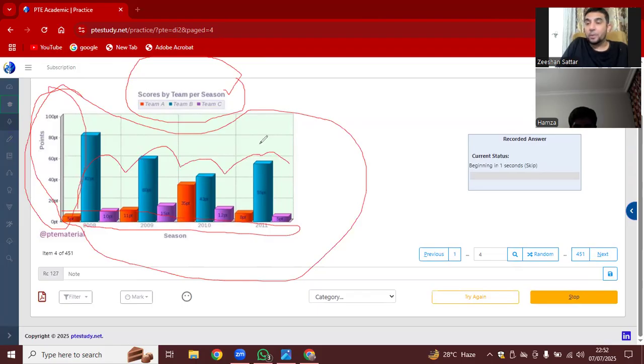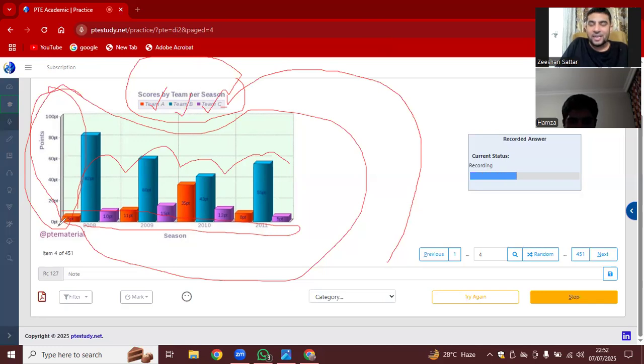For an example, the first sentence will be: the picture is about scores by team per season. Team A in orange, Team B in blue, and Team C in purple. The y-axis contains the points in digits, which are 0, 20, 40, 60, 80, and 100 as maximum, 0 as minimum.